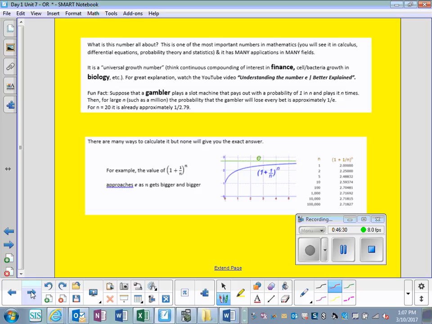We are running out of time, so no time to talk about this really, but just remember that there are many applications. If you go into finance, you will use e everywhere. Every single formula will use e, because it's all about continuous compounding of interest.